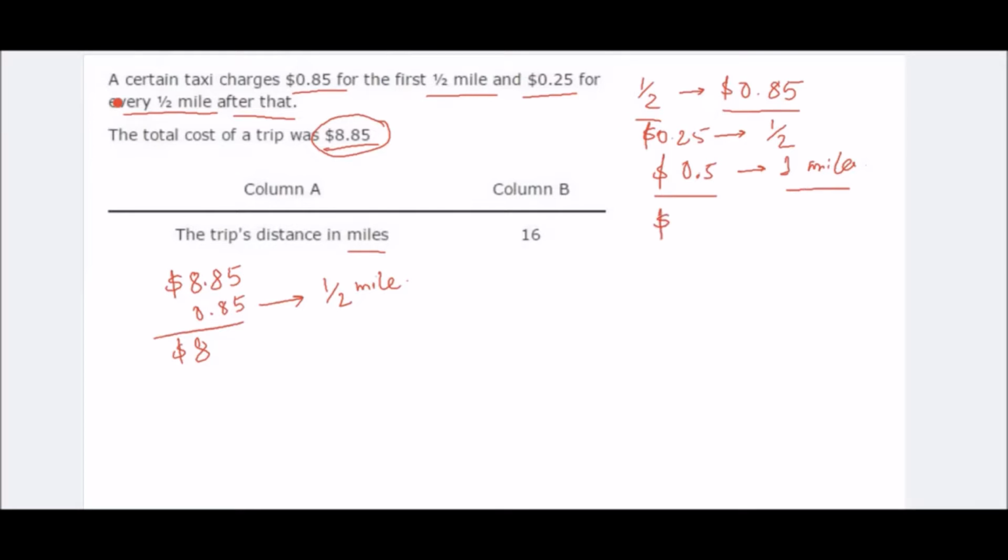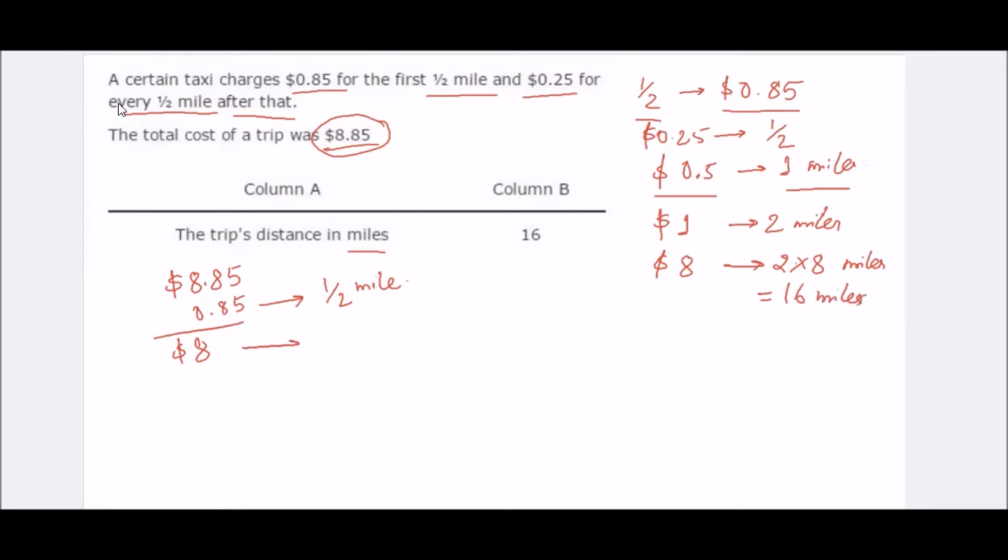To make it easier, for $1 it will be 2 miles. Similarly for $8 that will become 2 into 8 miles, right? That will be a total of 16 miles.